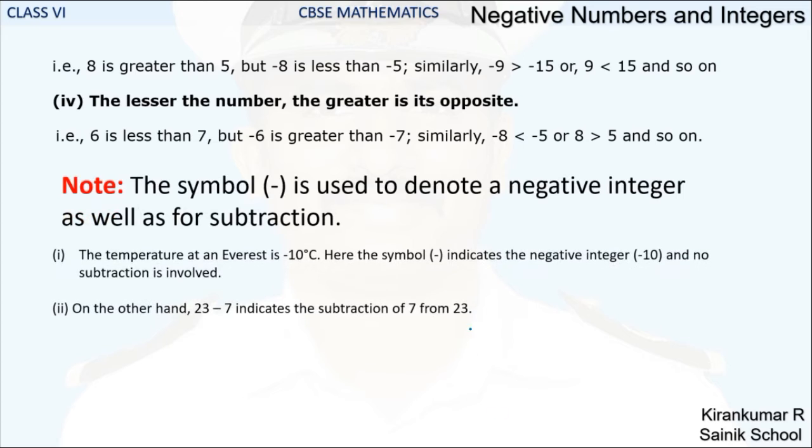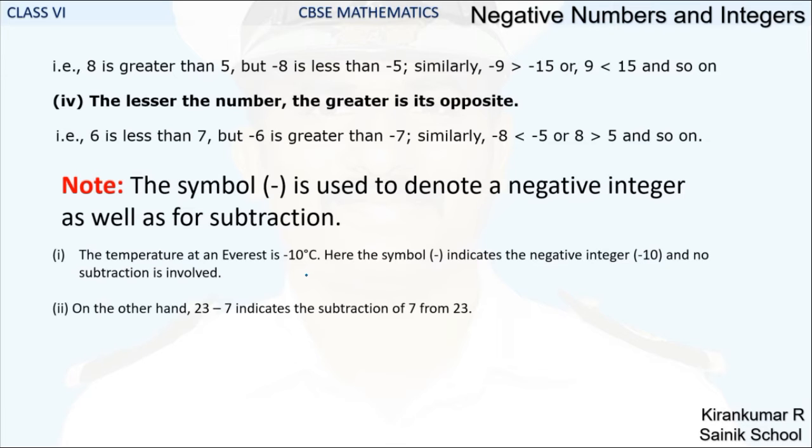You have to make a note that the symbol minus indicates a negative integer as well as subtraction. The temperature at Everest is minus 10 degrees Celsius. Here, the symbol minus indicates the negative integer minus 10, and no subtraction is involved in this.